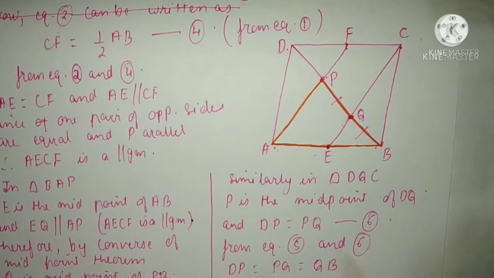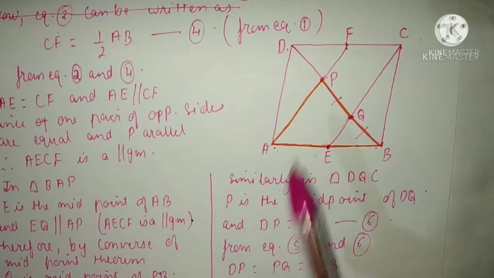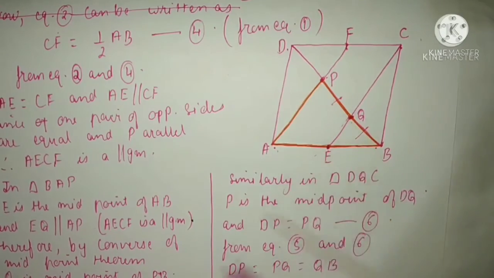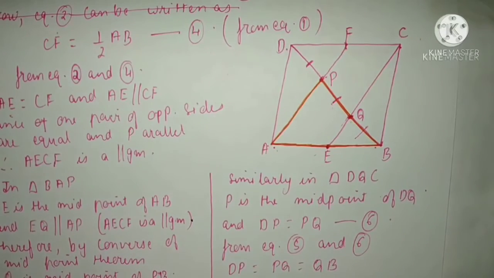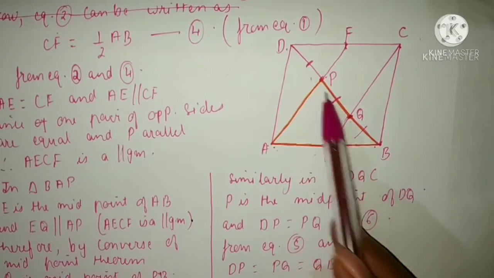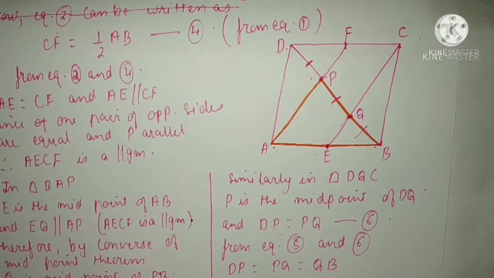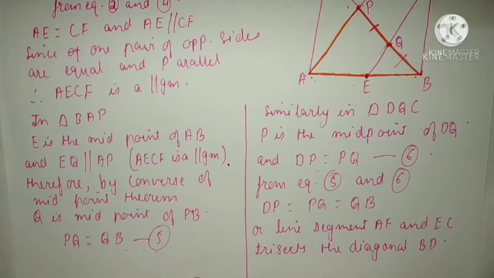So we can directly write, similarly in triangle DQC, P is the midpoint of DQ. This P is the midpoint of DQ. That means this part will be equal to this part. So we can say that DP is equal to PQ and name this as equation number 6.